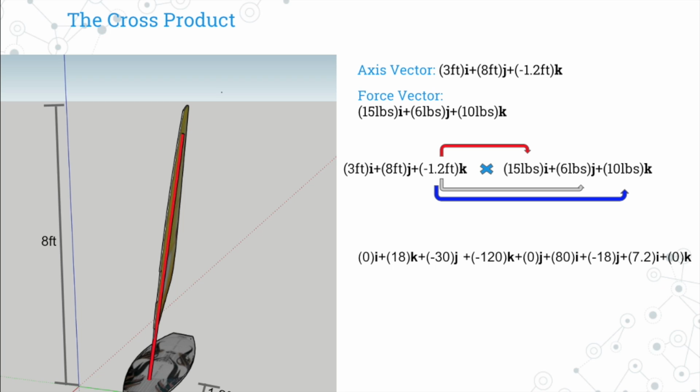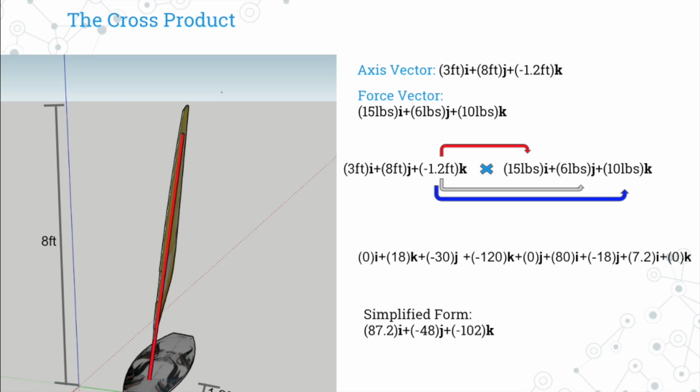When we combine these common terms, we get a simplified version of 87.2 in the I direction, negative 48 in the j direction, and negative 102 in the k direction. So now we figured out the cross product, this r cross f.